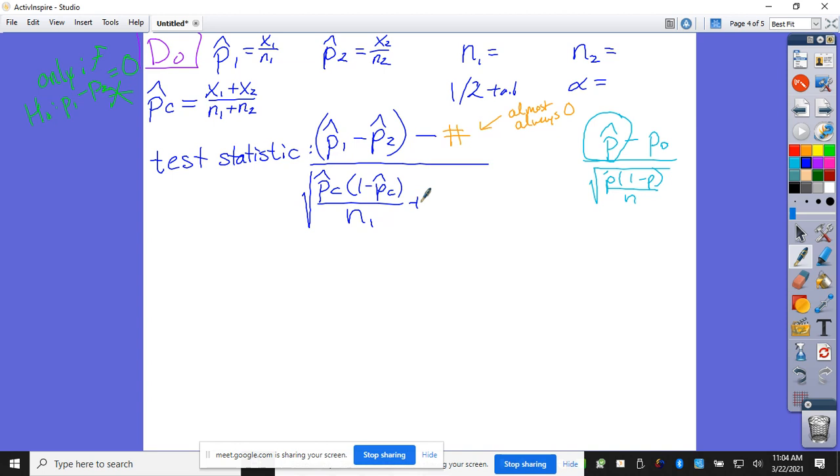And then we're also going to have p hat c, 1 minus p hat c, in relation to our second sample size. So this only happens with a test because we are claiming that the two different proportions are what? The same. So we do not do pooled combined with intervals because we're not claiming that they are the same.